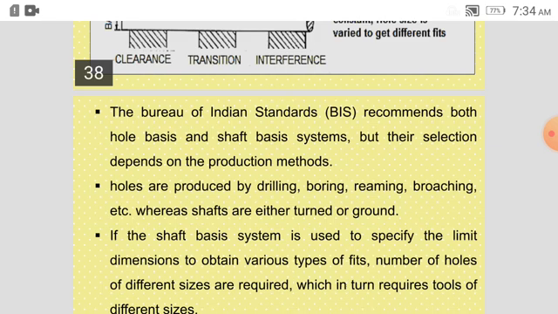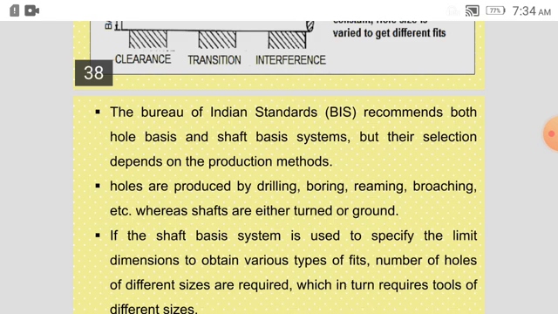So we can say if the basic size is given as 50 and the tolerance zone is given as plus minus 0.8, so 50.8 and 49.2 is the upper and lower limit, and anything between that is acceptable. That dimension we can have on a shaft with the help of a lathe machine simply.